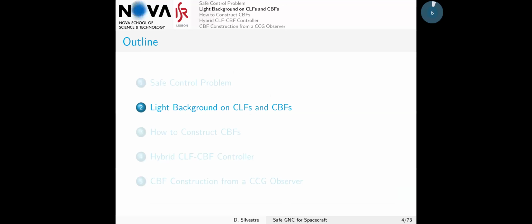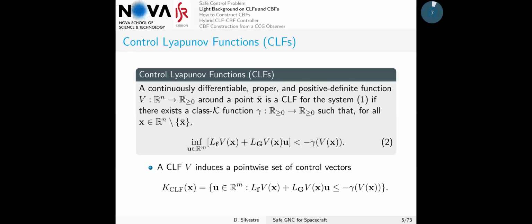So just once again, a light background. All of you have seen an equivalent of this. Right now I'm starting with control Lyapunov functions before I jump to control barrier functions. In control Lyapunov functions, the task is to design the vector u such that the derivative of the Lyapunov function becomes negative definite. That's what this rho translates.